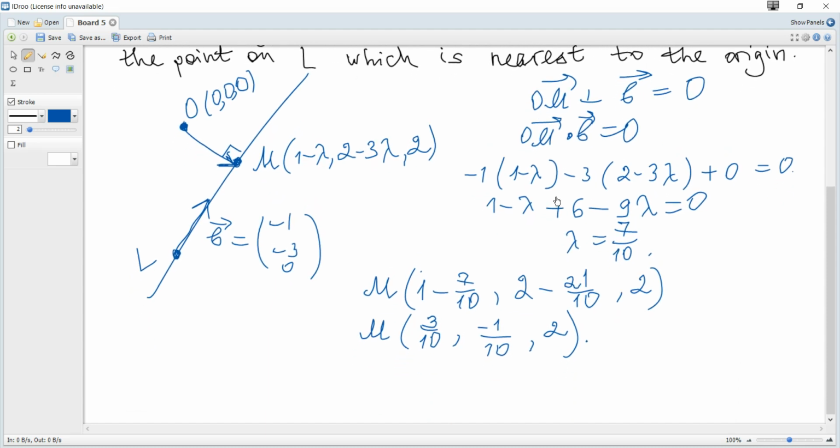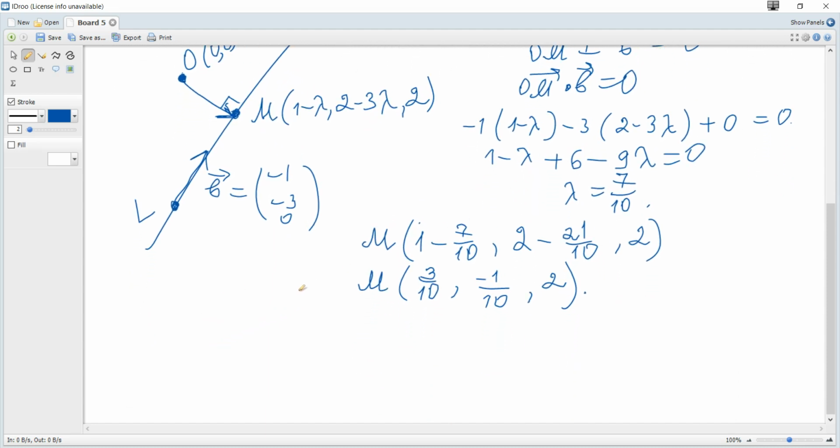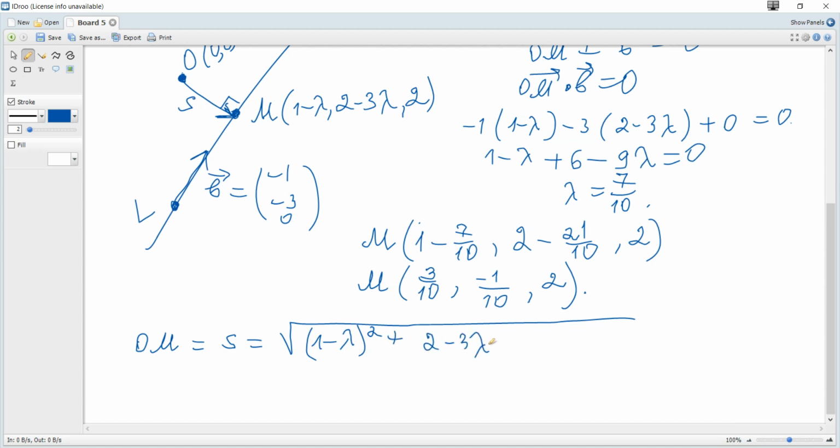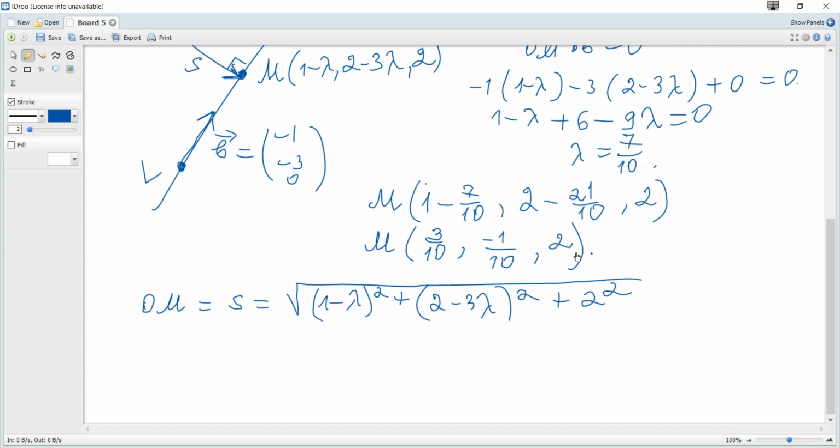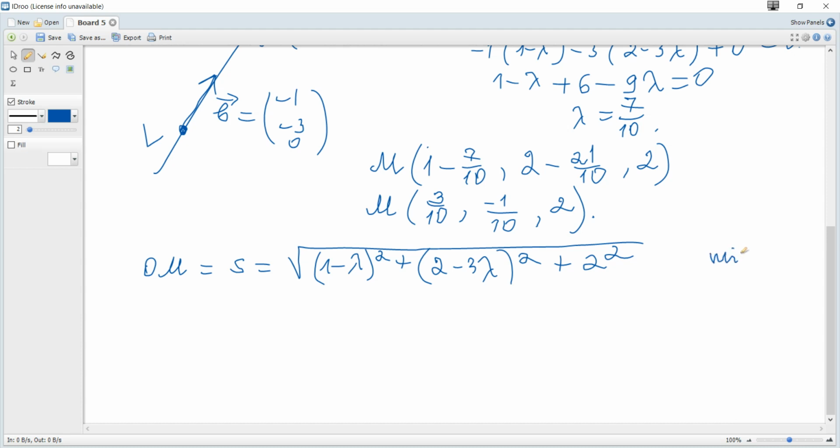Another way, we can apply the formula for the distance between 2 points, so OM, or let it be just S. S is the square root of x2 minus x1 squared plus y2 minus y1 squared plus z2 minus z1 squared. So it becomes 1 minus lambda minus 0 squared plus 2 minus 3 lambda minus 0 squared plus 2 minus 0 squared. And this distance must be minimum.